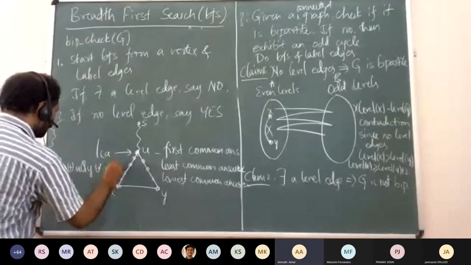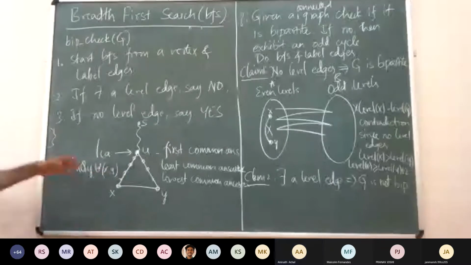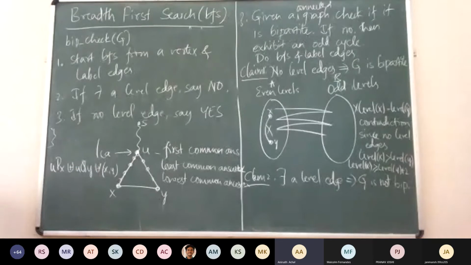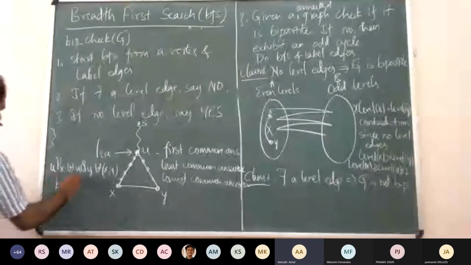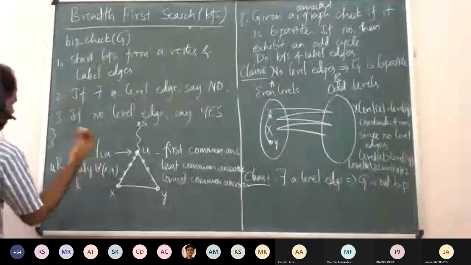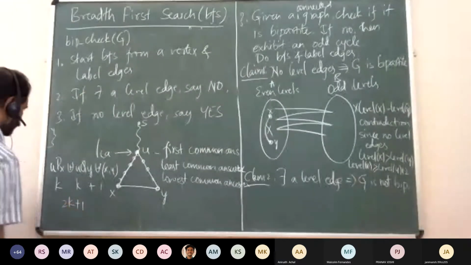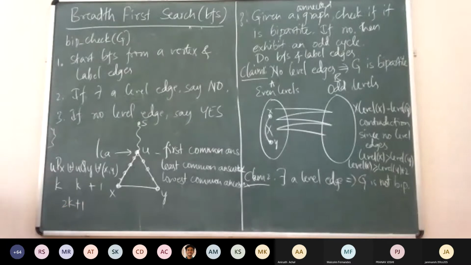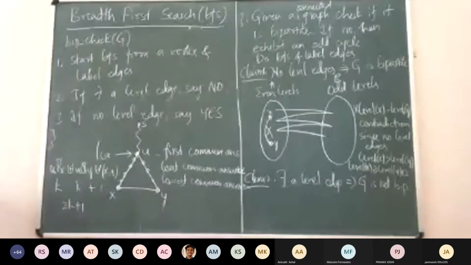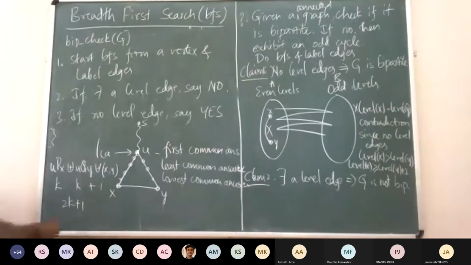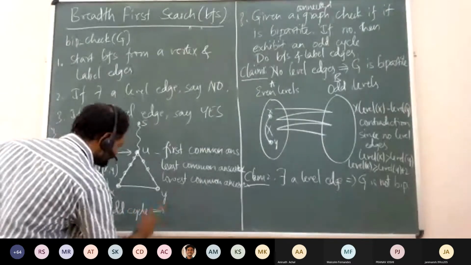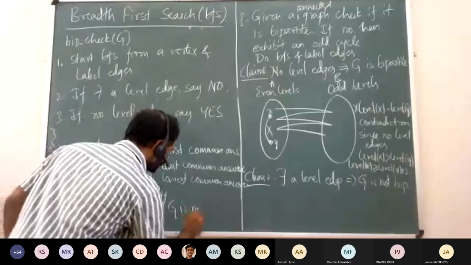Now, is this an odd cycle? Yes, sir, because UX and UY have the same length. This is some length k, whether it is odd or even, it doesn't matter. Plus one edge, it is 2k plus 1. For whatever k it is, 2k plus 1 is an odd number. So this is an odd cycle, which implies that G is not bipartite.